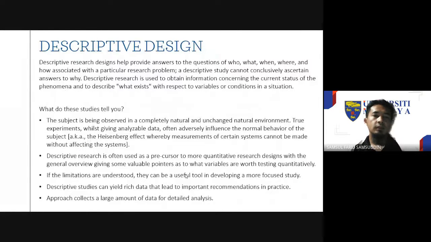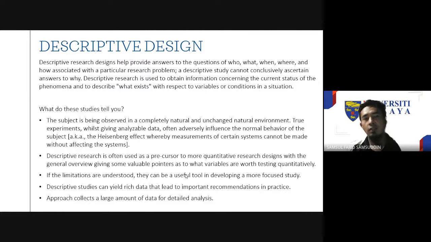Okay, descriptive design. Descriptive research design helps provide answers to the questions who, what, when, where, and how associated with a particular research problem. A descriptive study cannot conclusively ascertain answers to why. Descriptive research is used to obtain information concerning the current status of the phenomena and to describe what exists with respect to variables or conditions in a situation.